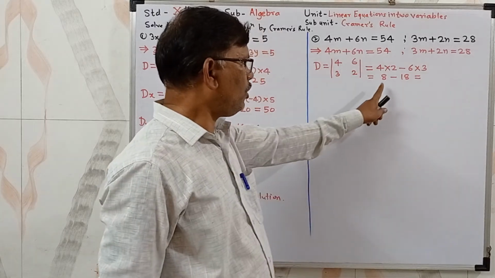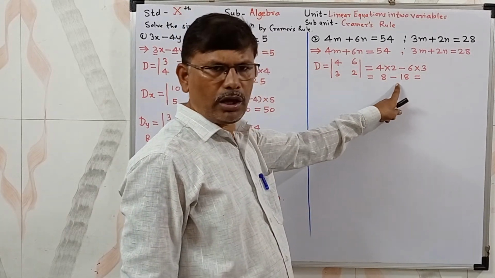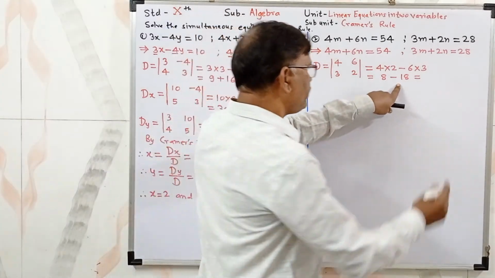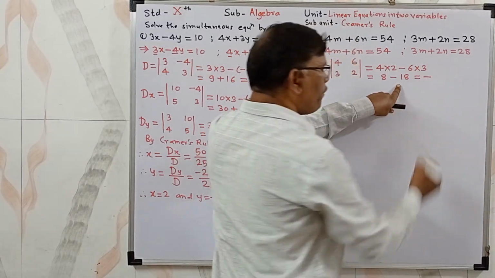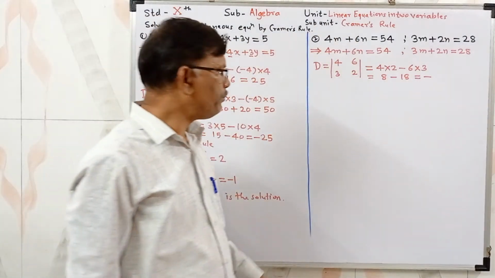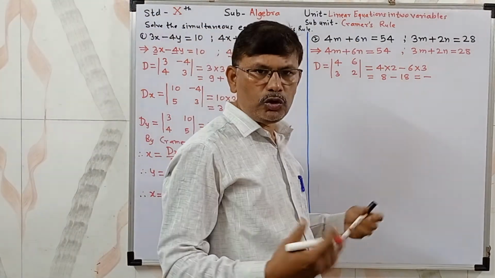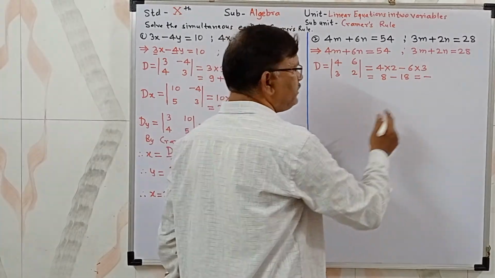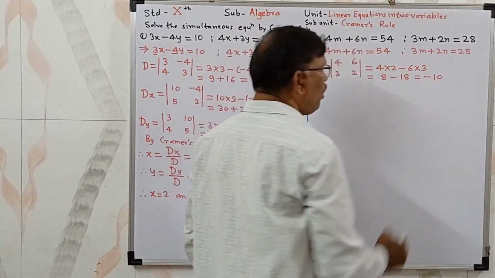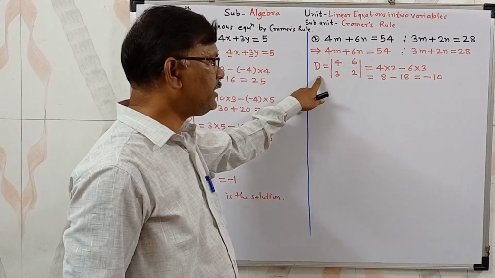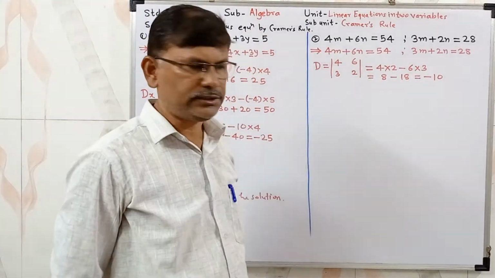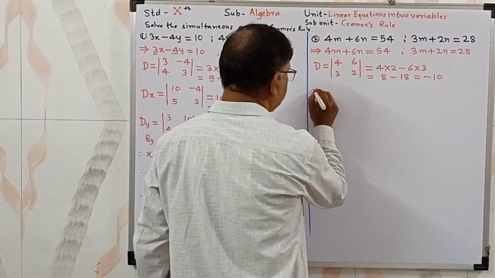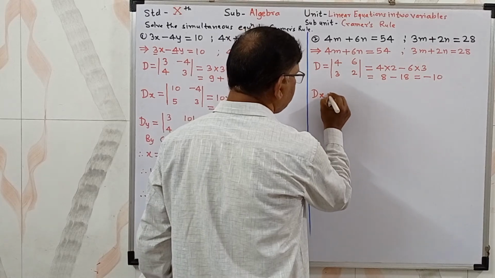Here we know that signs are different. First write the sign of bigger number, that is 18. Then different sign, so we do subtraction. 18 minus 8, 10. So the value of determinant D is minus 10. Then Dx.